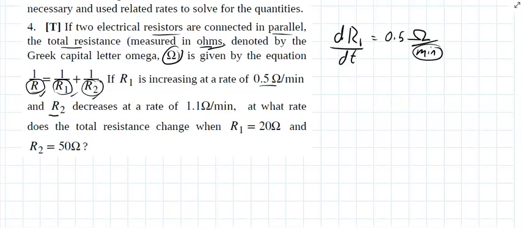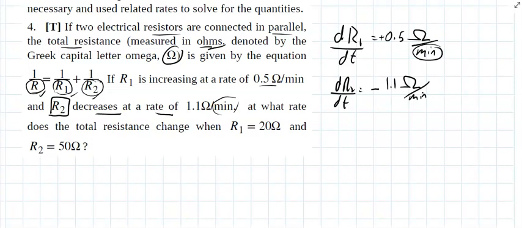And R2 is decreasing at a rate, the change in R2 is, if increasing we say it's positive, decreasing is negative 1.1 ohms per minute again. So this is changing with respect to time. Every 1 minute it's losing 1.1 ohms.